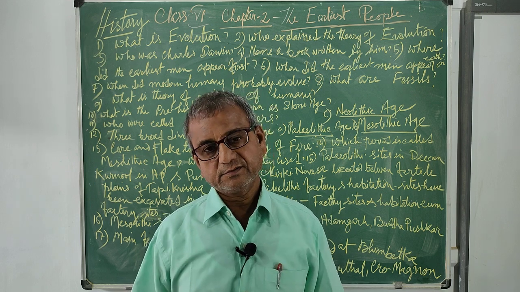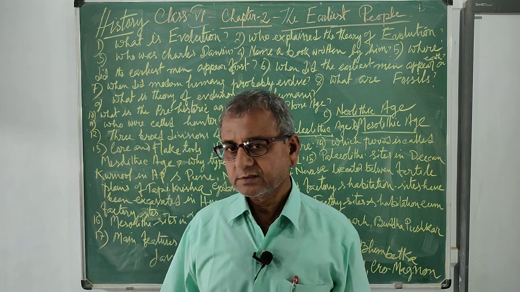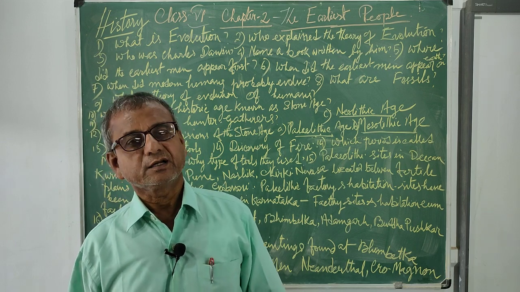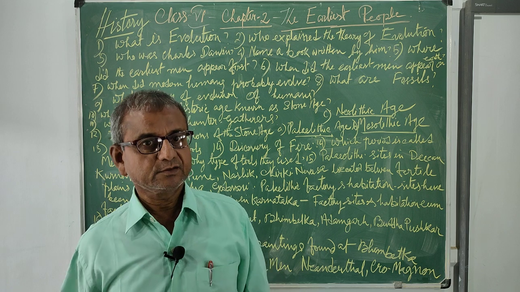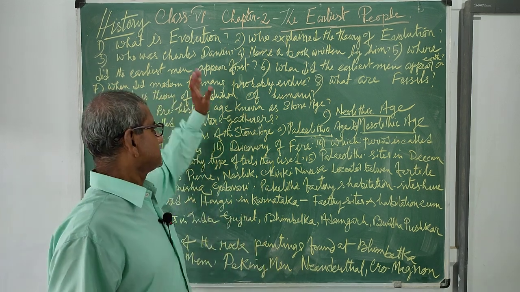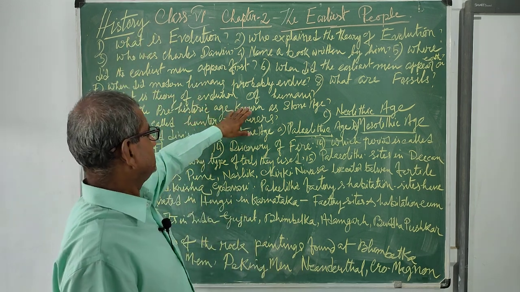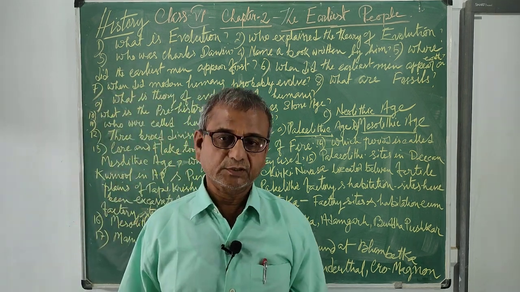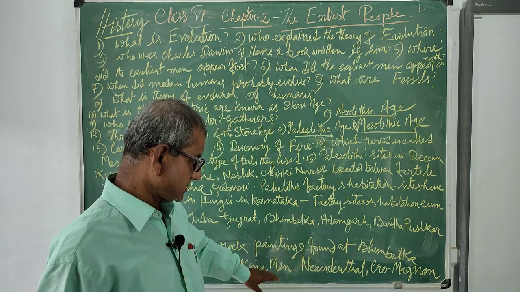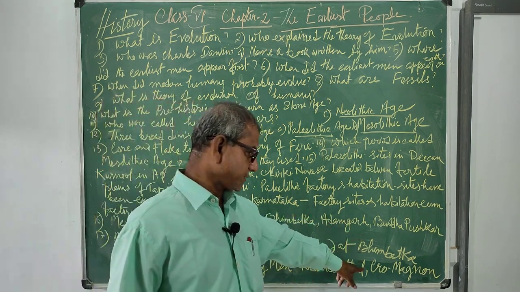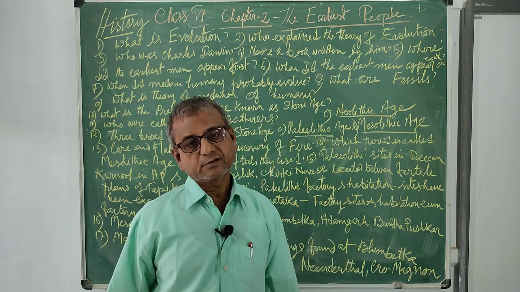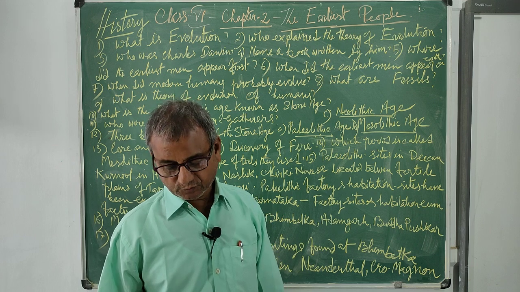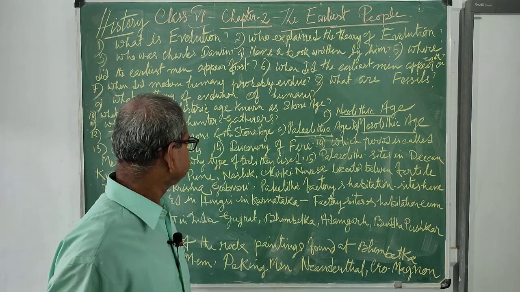Initially the jaws and teeth were very big, and gradually they became smaller and the brain became larger. So this is how human beings gradually evolved. The modern man, as I just mentioned, that is Cro-Magnon man in France, is called Homo sapiens sapiens.